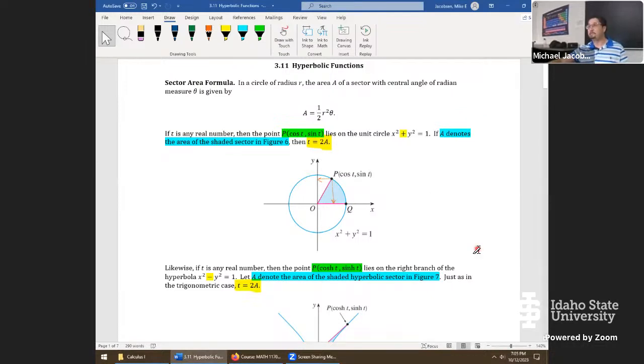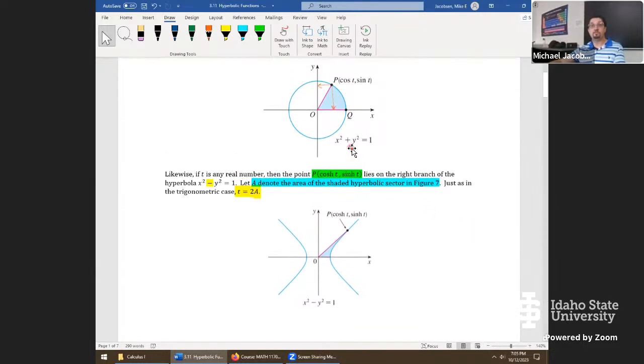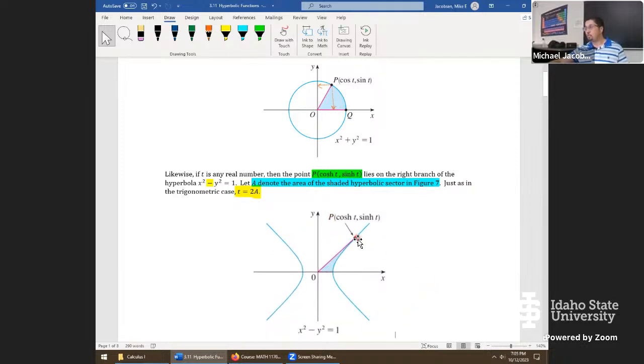So now here's what happens with the hyperbolic functions. We change the curve from x squared plus y squared equals 1 to x squared minus y squared equals 1. Once we find a point t right here, that value of t for cosh t and sinh t will be such that t is twice the area of that shaded region.